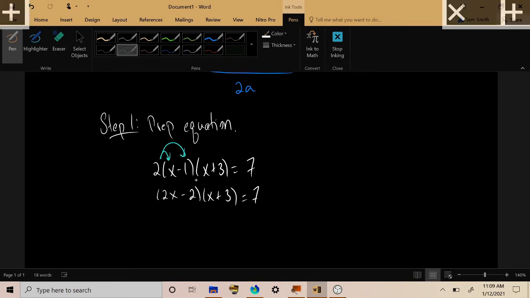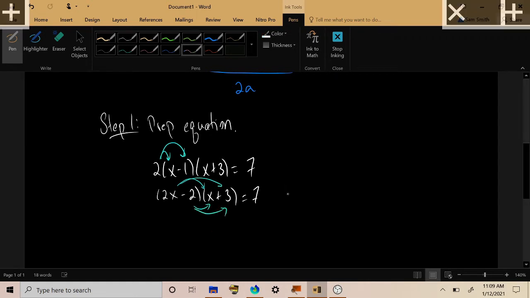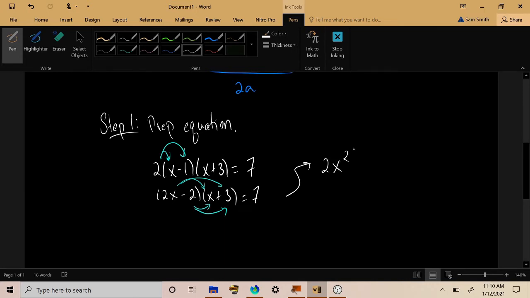And then if I FOIL that, I will get 2 times x, or 2x squared, 2 times x times 3, which is 6x, negative 2 times x, and negative 2 times 3.